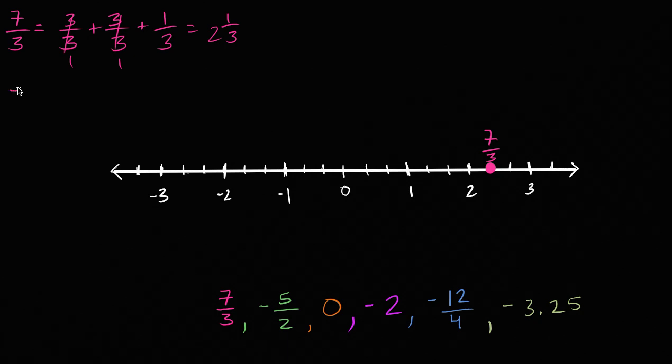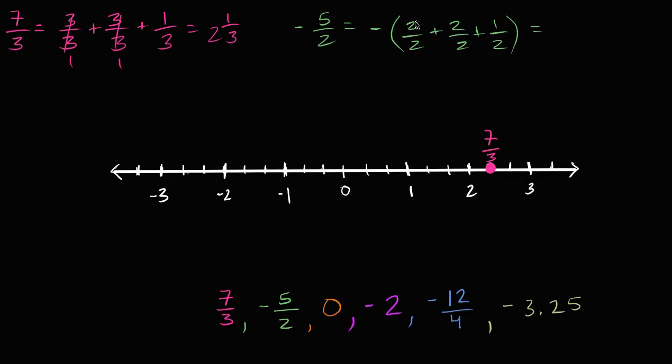Then we have -5/2. So same logic. Negative, let me do that in that green color. So I can do it over here. -5/2 is the same thing as the negative of 5/2. And 5/2 is going to be 2/2 plus another 2/2 plus 1/2. So this is 2 and a half. This is 1, and that's a half.